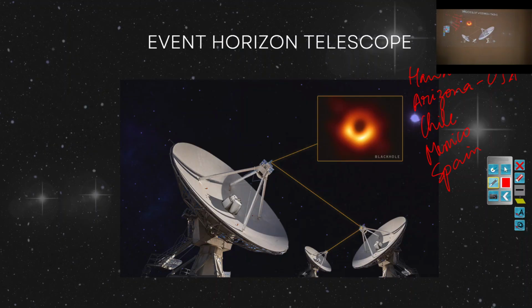So this was the one which captured the black hole image. The Event Horizon Telescope captured the black hole image in 2019. You can write that: it is a network of 8 telescopes in these places, and it captured the first ever picture of a black hole in 2019.